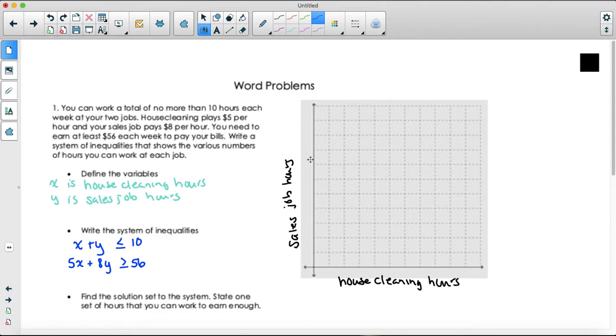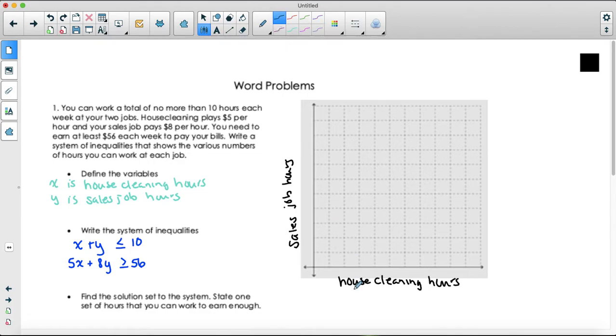Now to graph this, instead of putting them into slope-intercept form, we need to actually determine what our X and Y intercepts are. We need to put our scale on here as well. We know that both sales and house cleaning cannot be more than 10, so we need to just count up to 10.